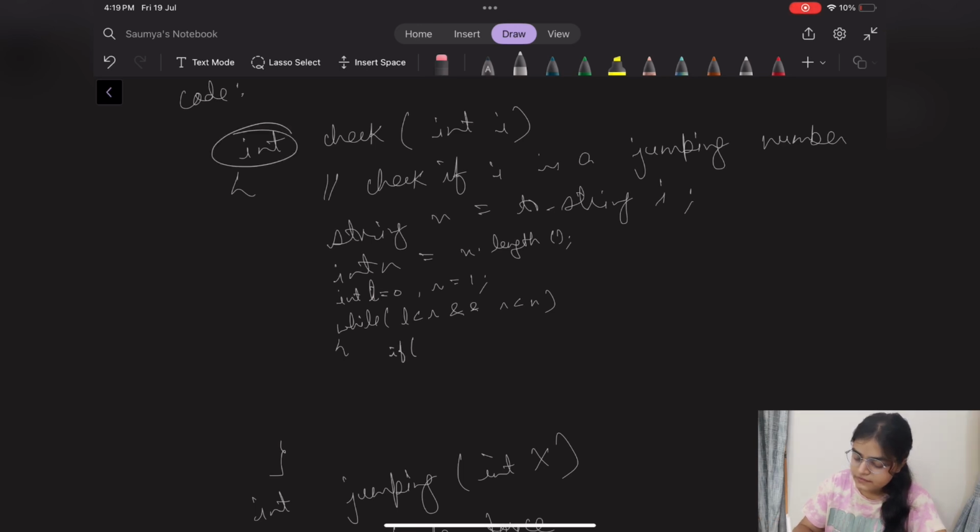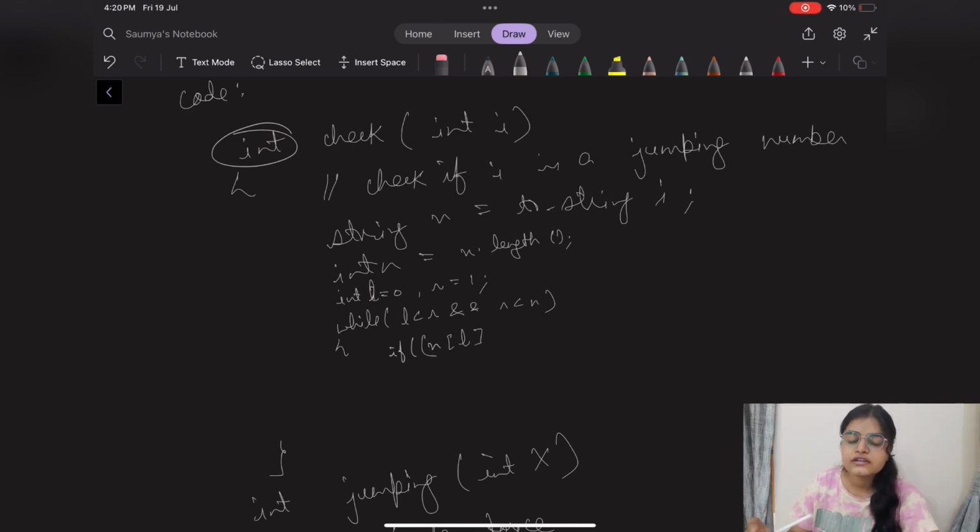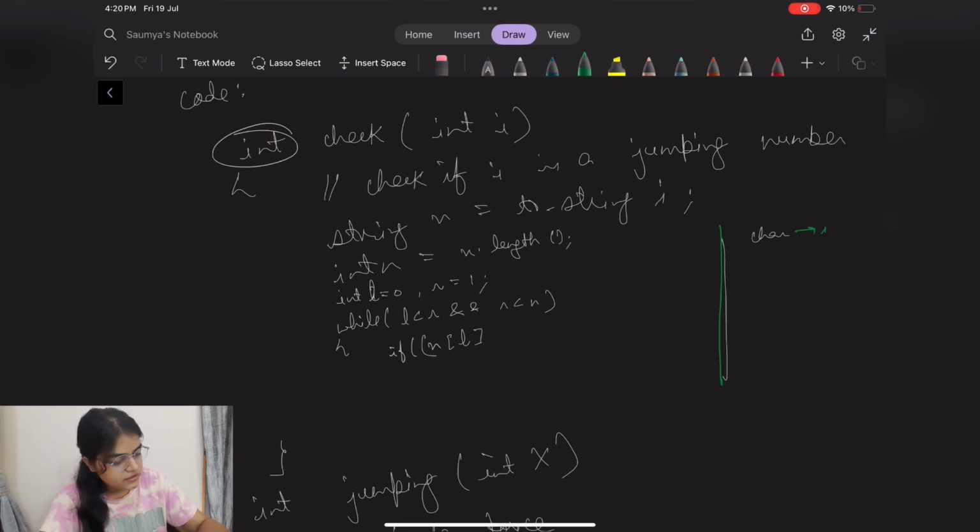So if x of l, how to convert char to int? What we do is s of i, the char part, minus '0'. This is how you convert a character to an integer.